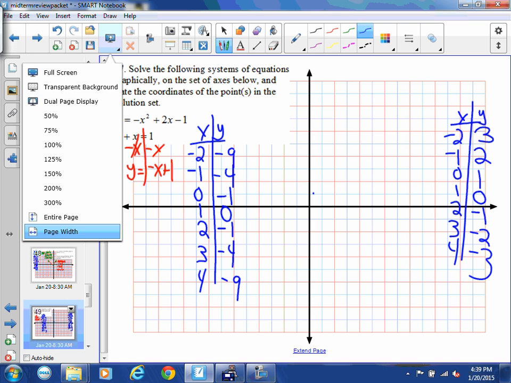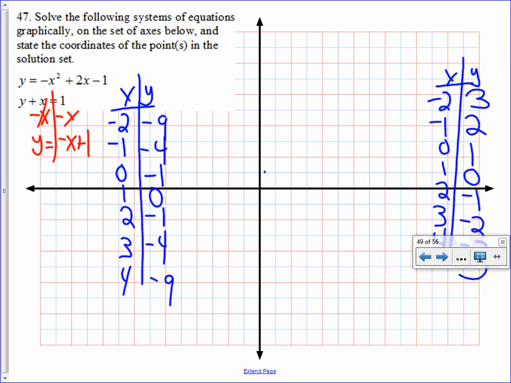Now I'm going to plot points. Negative 2, negative 9, negative 1, negative 4, 0, negative 1, 1, 0, 2, negative 1, 3, negative 4, 4, negative 9.